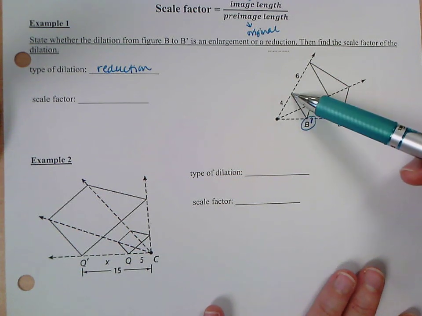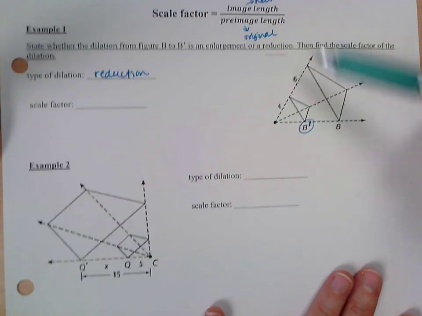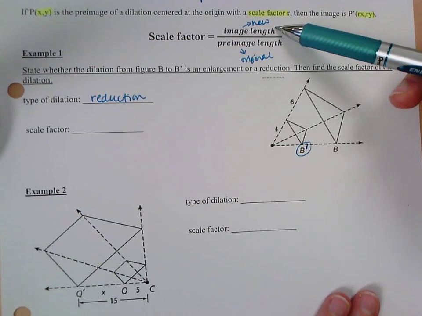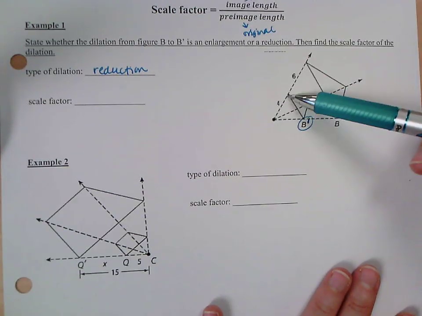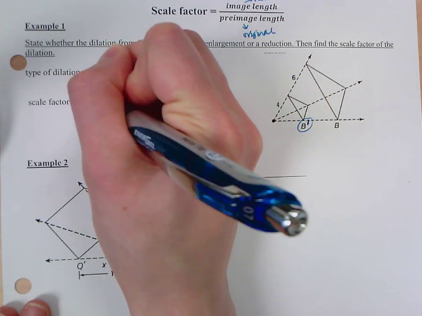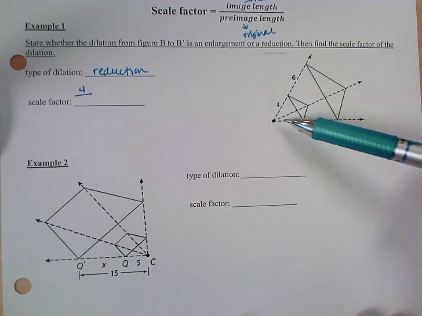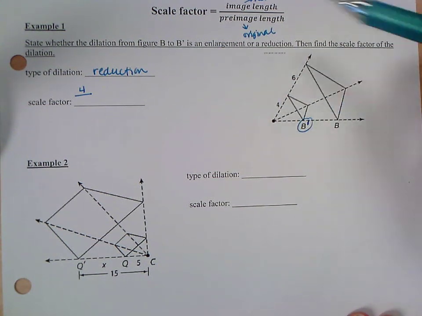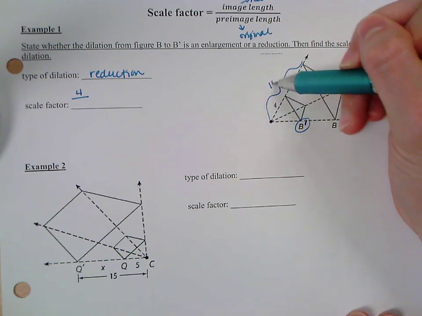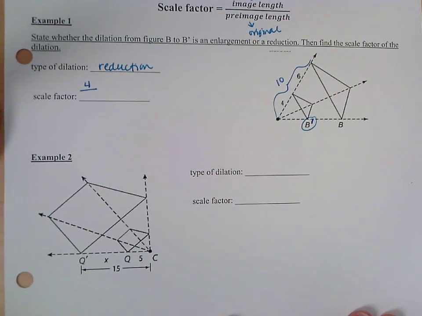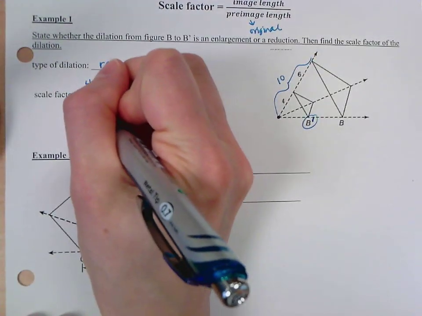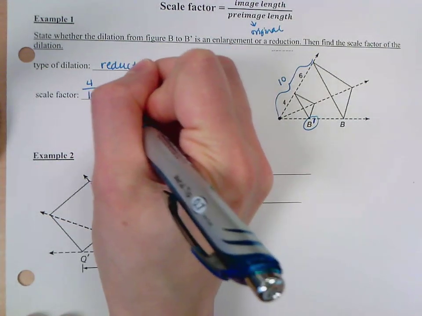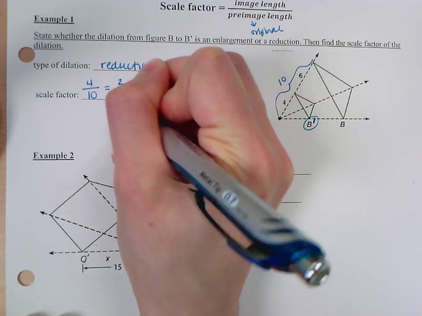So from there to this vertex for the image, because again, you want your image length to be on top, that is a length of 4 over the length from the point to the pre-image. Careful, it's not 6. That length is 10. That's the 4 plus the 6. So it would be 4 over 10, which can be simplified to 2/5.